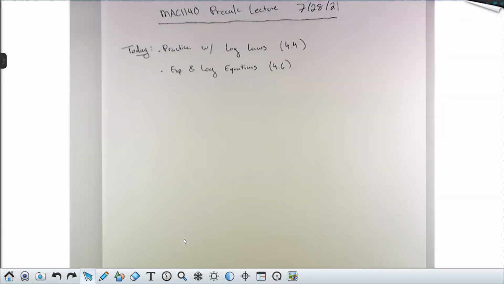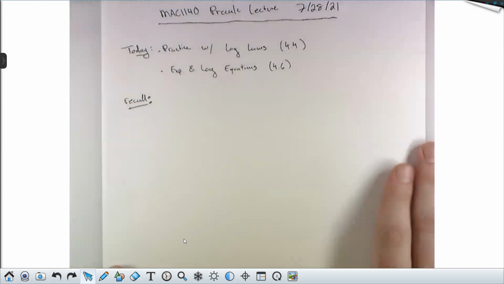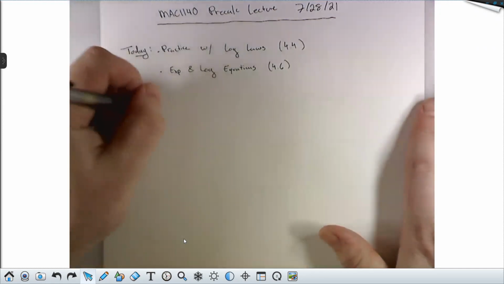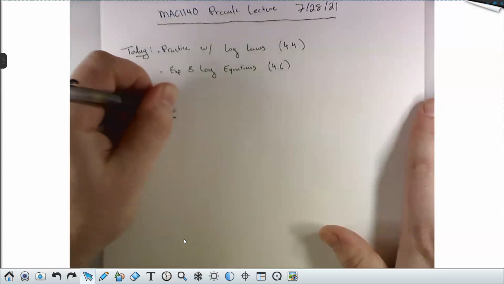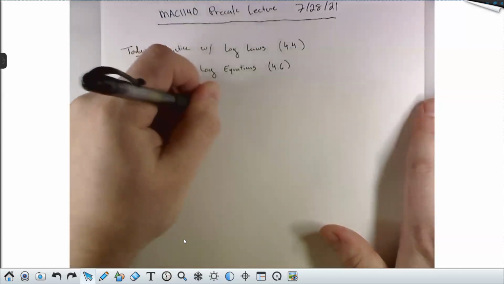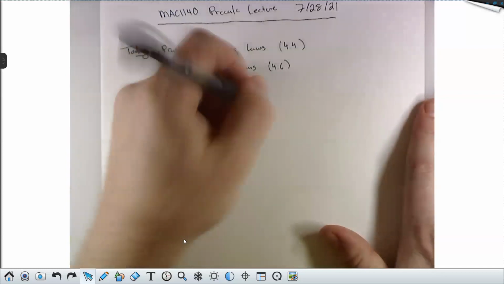So let's do it. Recall from last time, each of the exponent rules from your previous algebra classes has a corresponding rule relating to logarithms. The base a log of a product of 2 things is the same as the sum of the logs of those things.